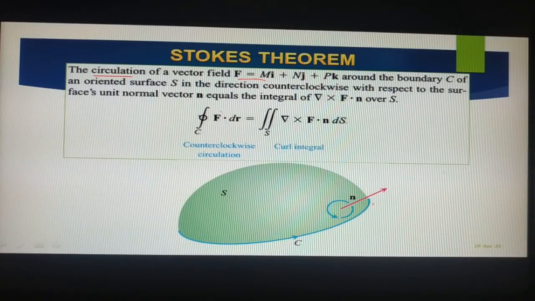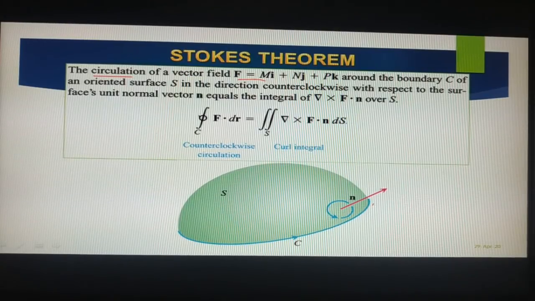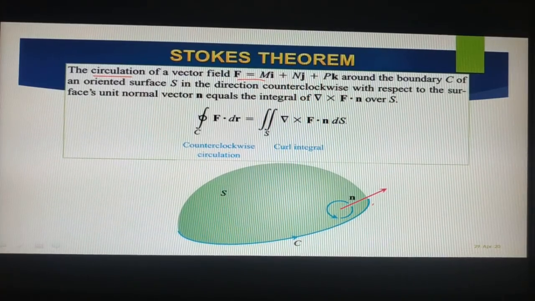So I'm going to find it out. If I need the work done or something along the curve C, what formula are we using? Integral C F bar dot dr. The circle, as you know, is a closed one. Here also we can use it because this whole thing will be a closed one only.